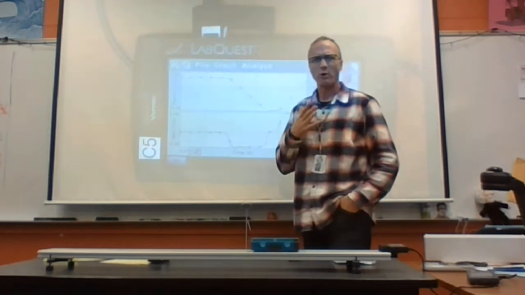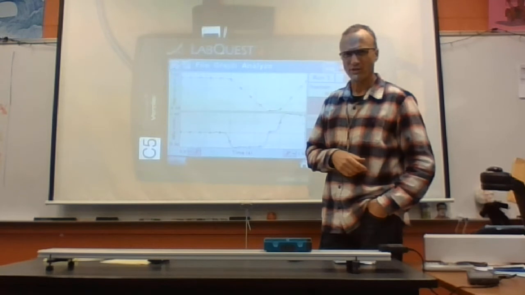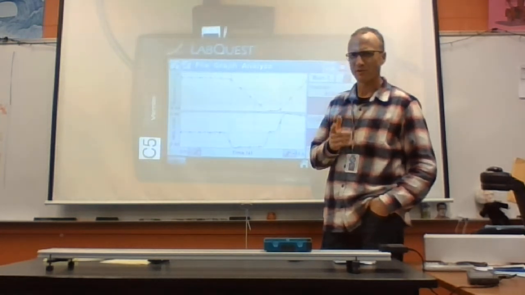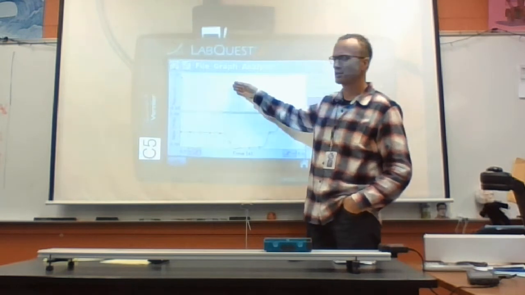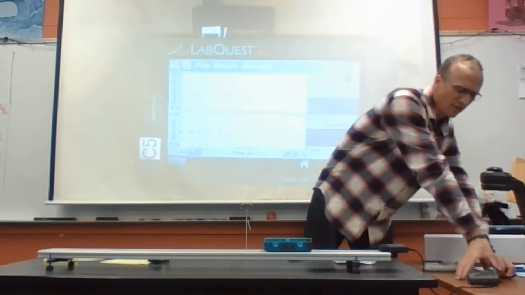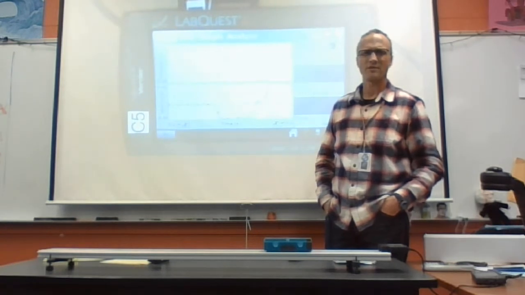Well, remember that the purpose of this lab is to measure the acceleration of the cart. How is acceleration related to a position time graph? Well, you're right. It's not easily, anyway. How is the acceleration of the cart related to the velocity graph? You're right. It's slope.